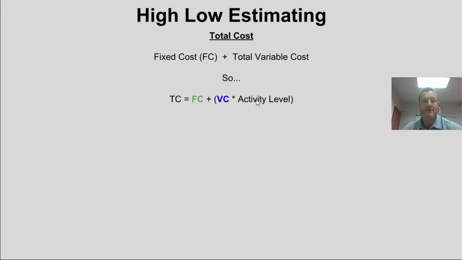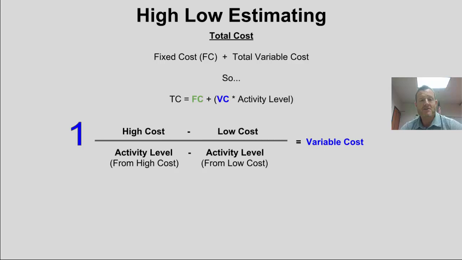When we use the high-low method, we have to pick the one activity, which we call the activity driver, that we believe is most indicative of driving the cost to happen. So we may be wrong the first time around, but we make our best guess and we make adjustments moving forward. The process of doing the high-low method is really 3 steps.